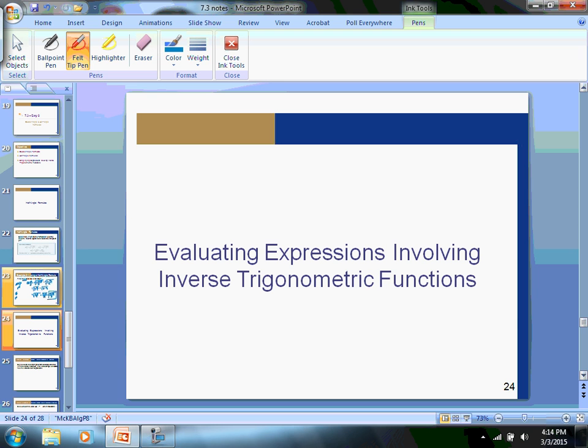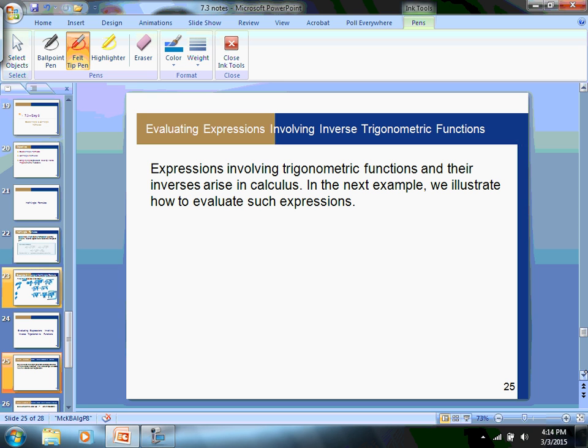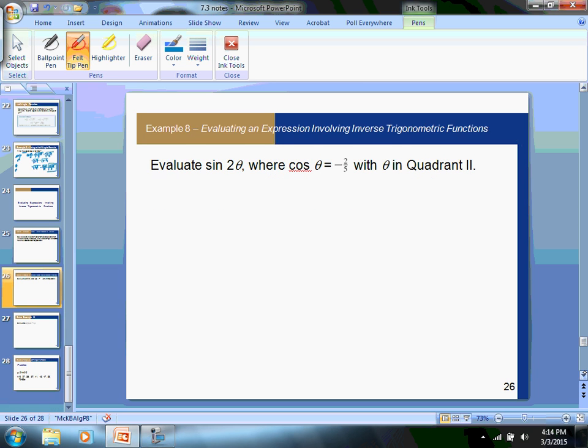Now when we're evaluating expressions that have inverse trig functions, this is something you do a lot more in calculus. Here we don't really have an inverse function yet, but we do have a skill that we apply with our inverse functions, which is drawing a little triangle.